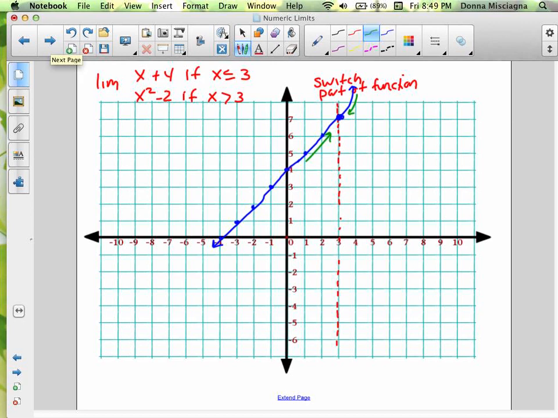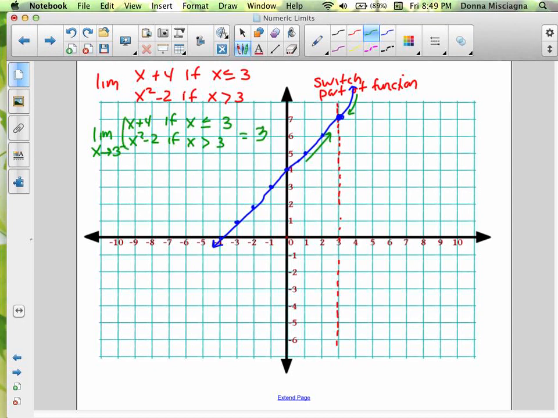They just switch which function I use. It switches at 3. So notice that the limit of our function, I have to write the whole thing: x plus 4 if x is less than 3, x squared minus 2 if x is greater than 3, as x approaches 3 from the left, equals 3.